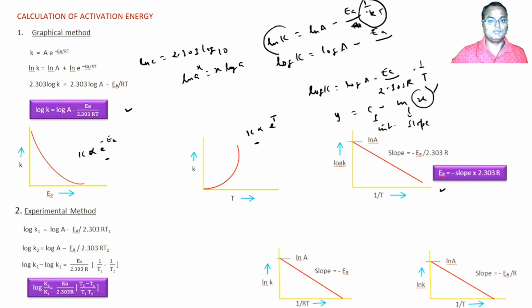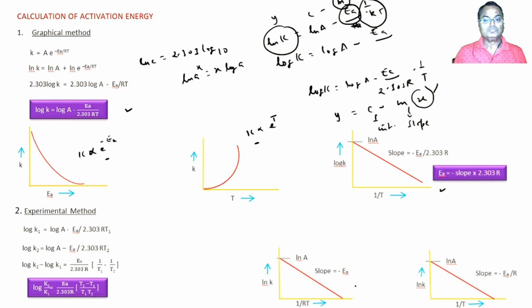See here this is the graph between log k and 1 upon RT. So here this one is in place of m, this is x, this is c, and this one is y. So this one is the intercept. So intercept is log A. Slope here is minus m, means minus E. So in this case we can also calculate the activation energy. If the graph is plotted between log k and 1 upon RT and the slope is given, then this becomes equal to negative of activation energy.